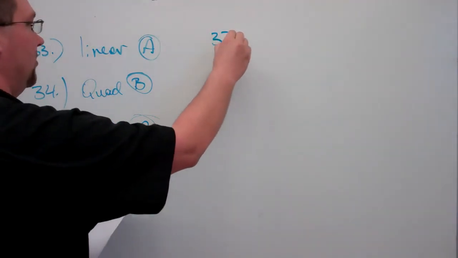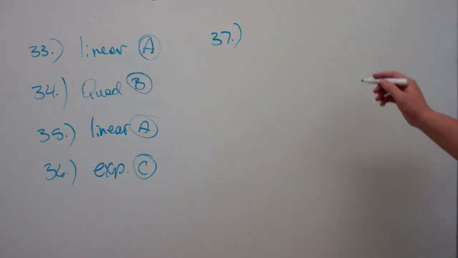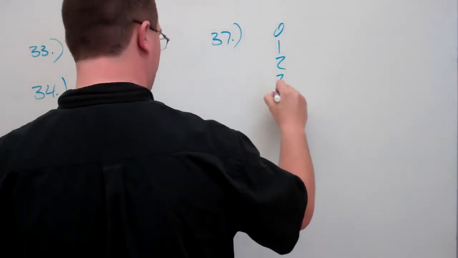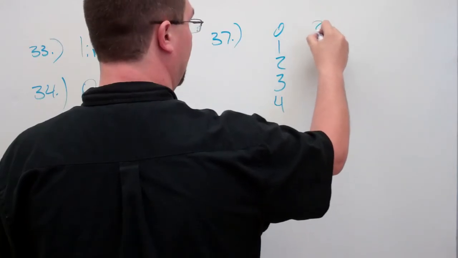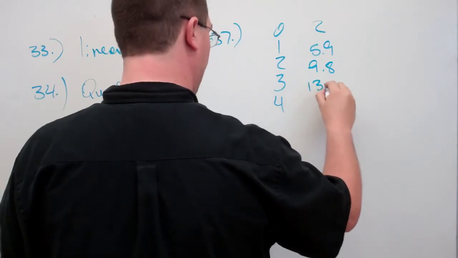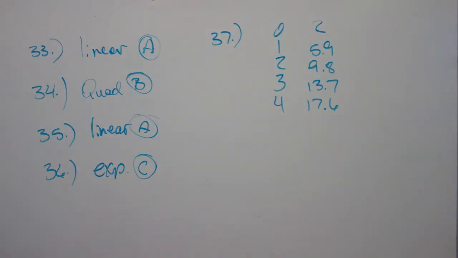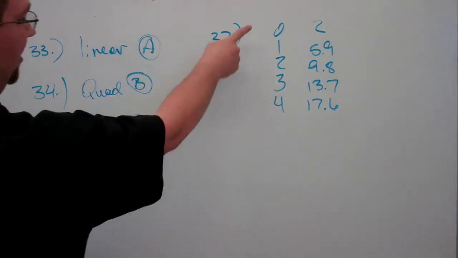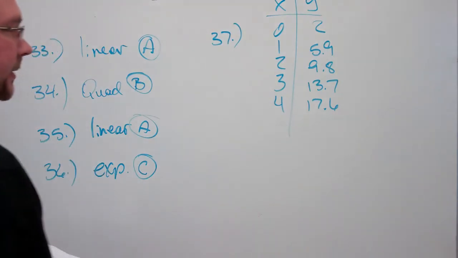Now for 37, they do say write an equation. If you notice, you have x values 0, 1, 2, 3, 4, and y values 2, 5.9, 9.8, 13.7, 17.6. For this one, it looks like we're taking something, multiplying it by x, and adding 2.